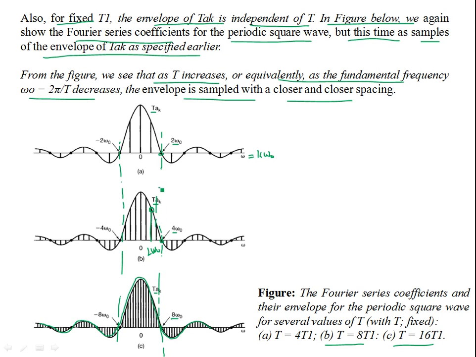If I call this envelope X of omega, then what is the magnitude of this envelope function at omega equal to twice omega naught? So this is going to give you the strength of the Fourier coefficient, or the strength of the second harmonic that is contributing in the signal itself. Okay, so the samples again are the Fourier coefficients, or the strengths of the harmonics that are constituting the signal.